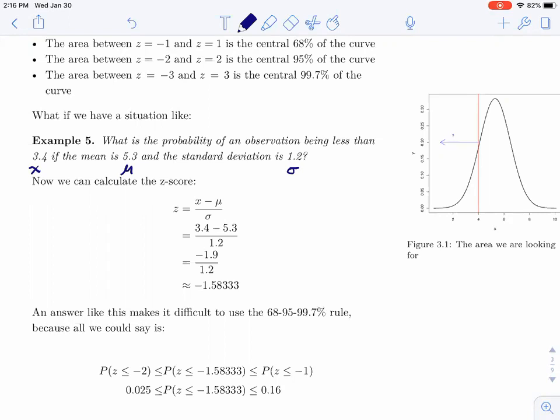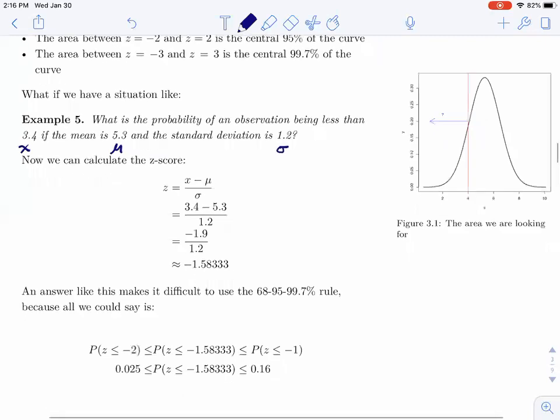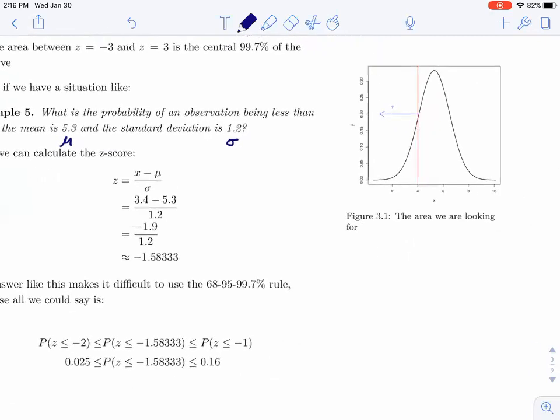Oops, jump the gun here. So what I would do, and what I've drawn here, but we'll draw it together: you always want to sketch out the area that you're looking for. When you read this question, you're going to think, I guess we're assuming it follows a normal distribution. It'll always follow a normal distribution. When I give you the mean and the standard deviation, you can assume it follows a normal distribution.